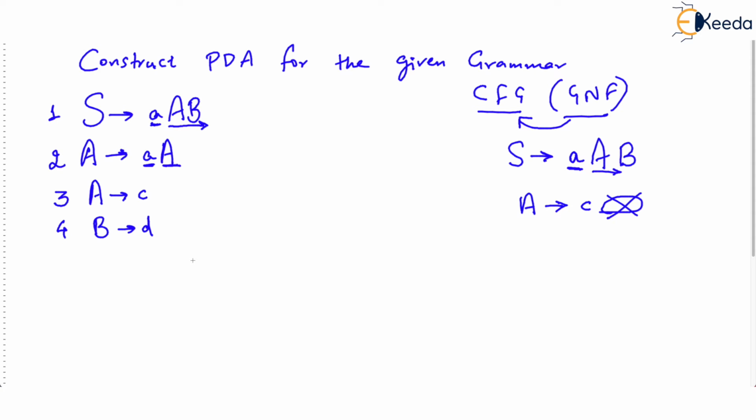Now the fun part about this is that if we are given a GNF, all the productions are in Greibach Normal Form, then the PDA, pushdown automata, can be easily constructed. It means it can be constructed automatically. What am I talking about?